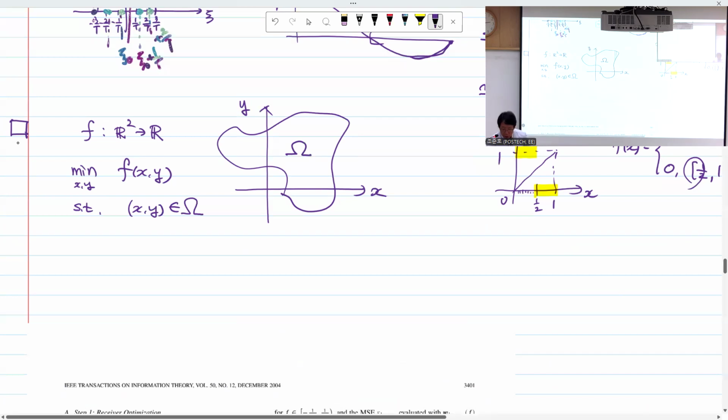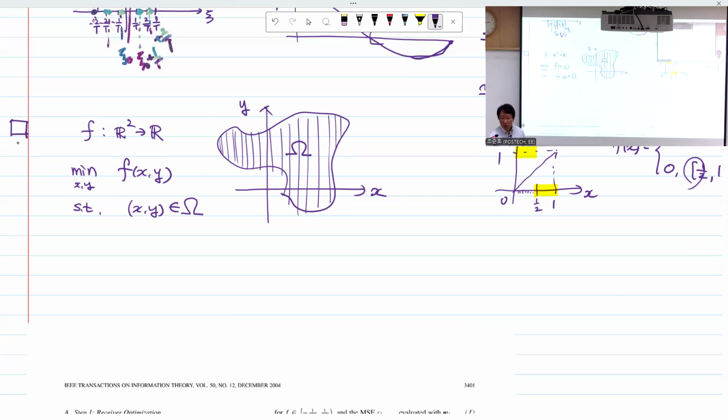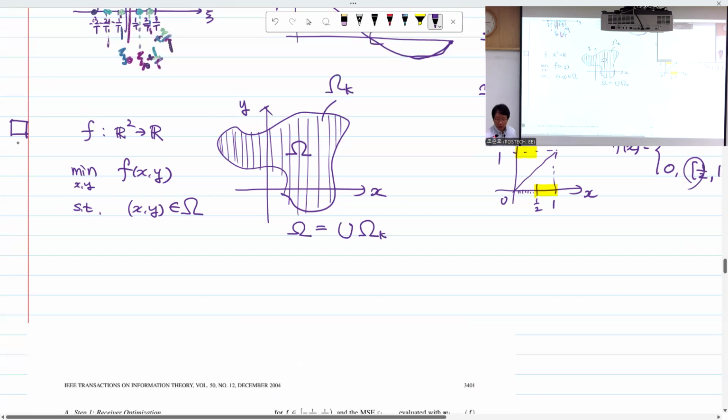Suppose we divide this omega into very, very narrow strips, vertically sliced. Now, what you do is that you divide this omega into a union of omega k, the k-th constraint sets, and two different constraint sets are mutually exclusive. This is a very important trick when you do optimization.